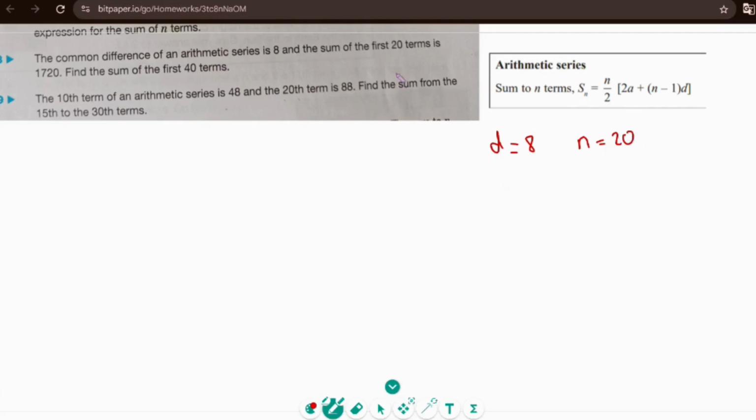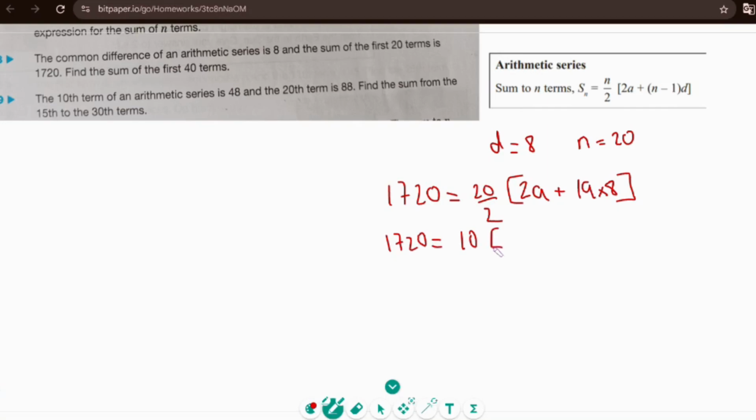They know that the sum of the first 20 terms is 1,720. So I can put 1,720 equal to 20 over 2. Don't know what a is. N is 20, so 20 minus 1 is 19. And I know common difference is 8. I'm just going to simplify this. 20 divided by 2 is 10.